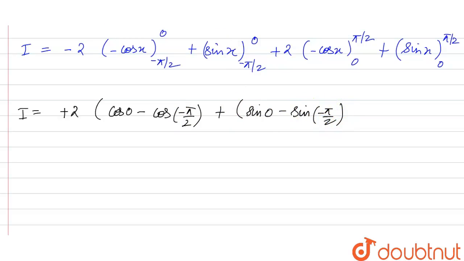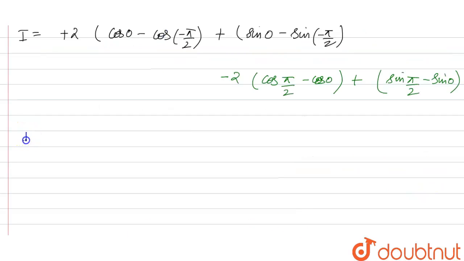Similarly, plus 2 times minus cos, this minus will come, so plus 2 and minus 1 will be minus 2, and now upper limit minus lower limit is cos pi by 2 minus cos 0, and upper limit minus lower limit is sine pi by 2 minus sine 0.